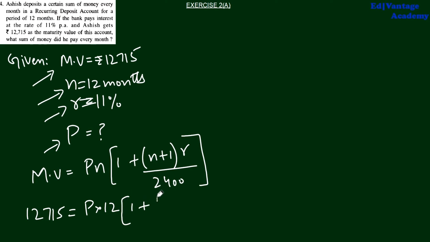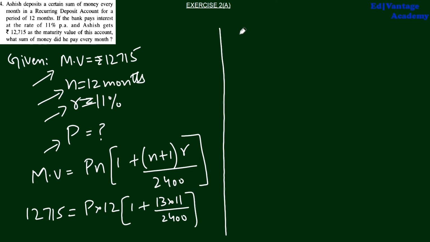So 12 plus 1, 13 into R, which is 11 by 2400. Now when you see here, you can actually take this 12 down, since this 12 is for everything here and it's in multiplication. When it goes to the other side, it can become division. That's one thing to do. Or another thing is just wait, keep it just like this, P into 12. Let's not multiply anything because we know something will come out from here as cancellation.